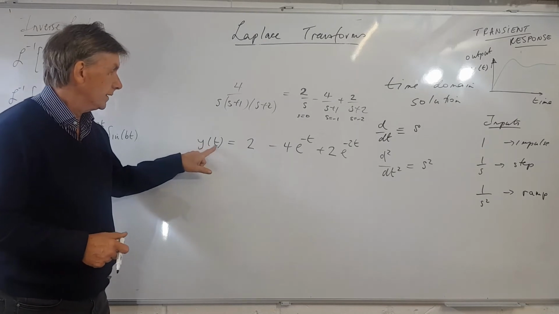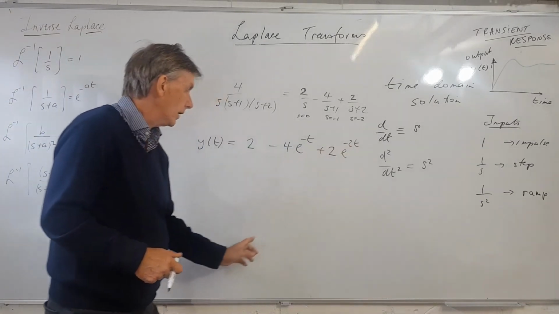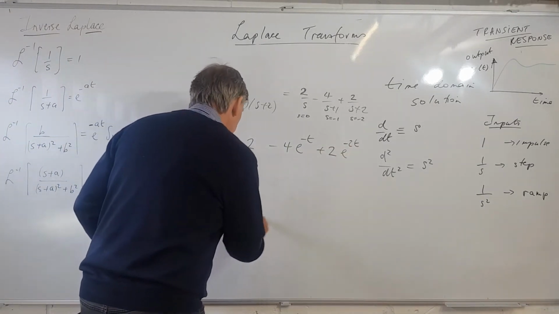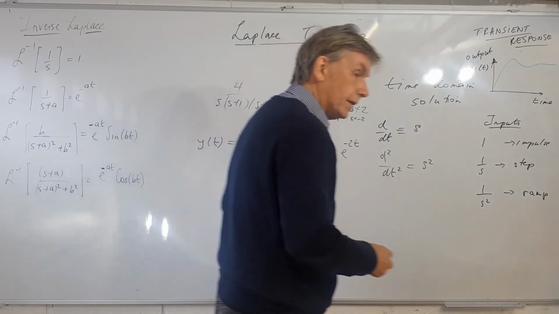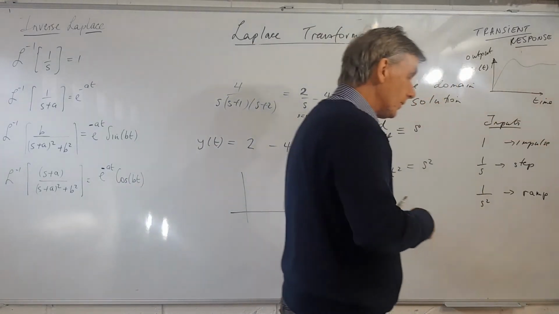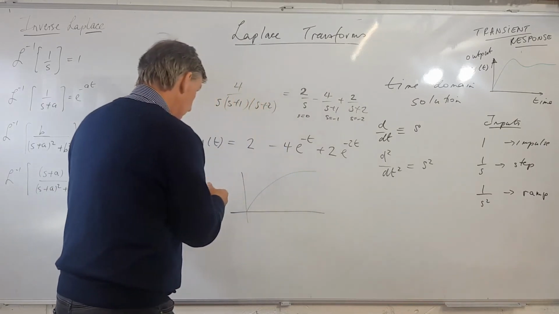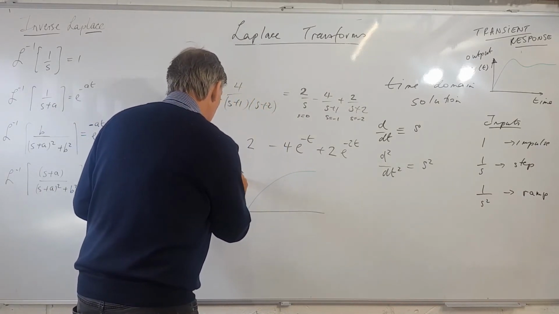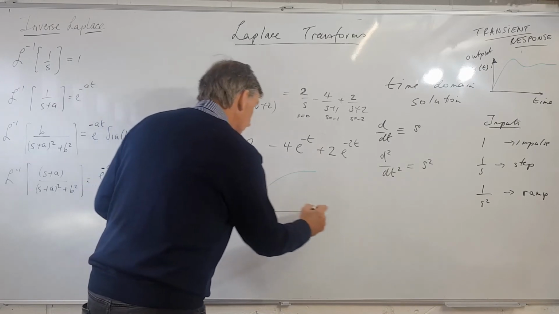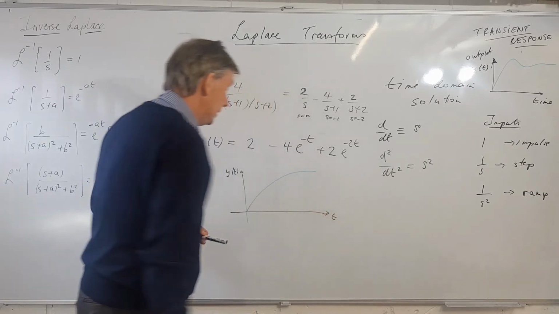As we put different values of t in here, we can plot a graph, and again we get a little graph which would look something like this, and this would be a graph of y against t.